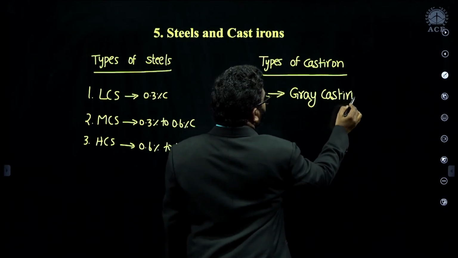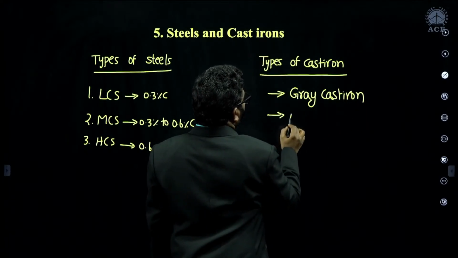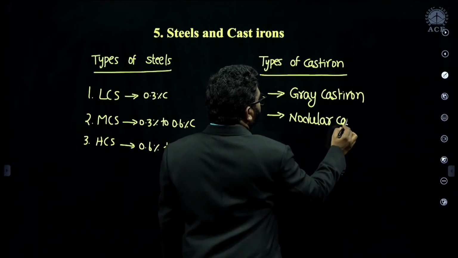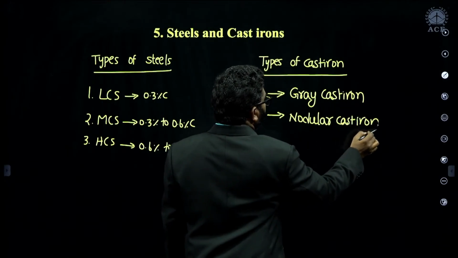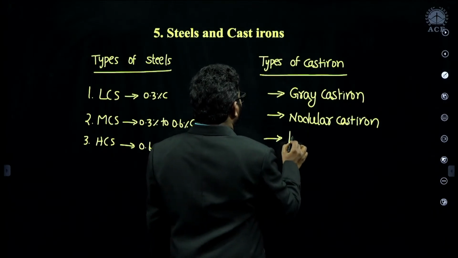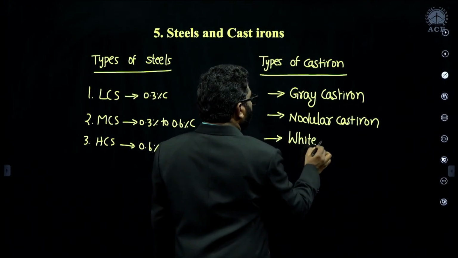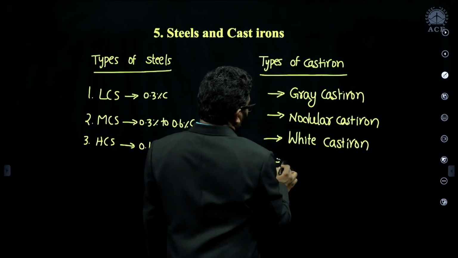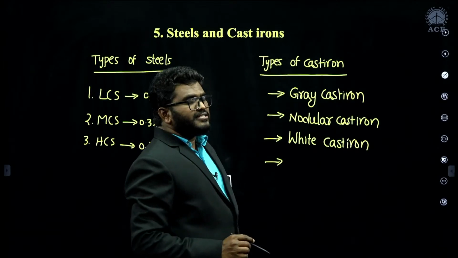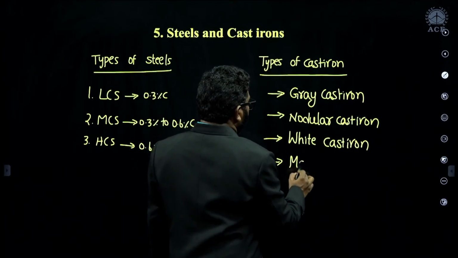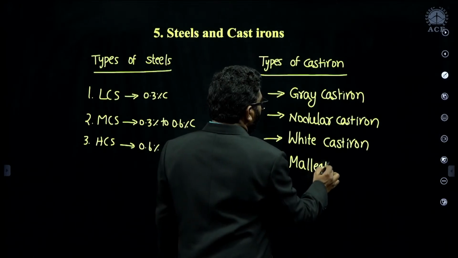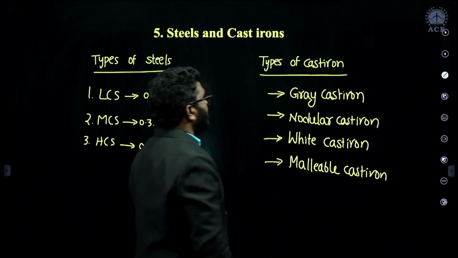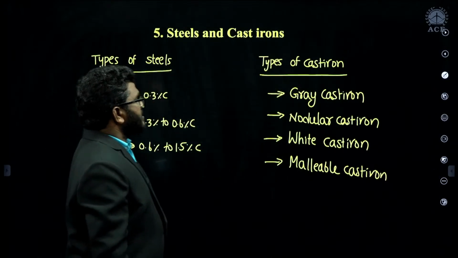Grey cast iron, nodular cast iron or ductile cast iron, white cast iron, and malleable cast iron. You should focus on all these types of steels and cast irons.